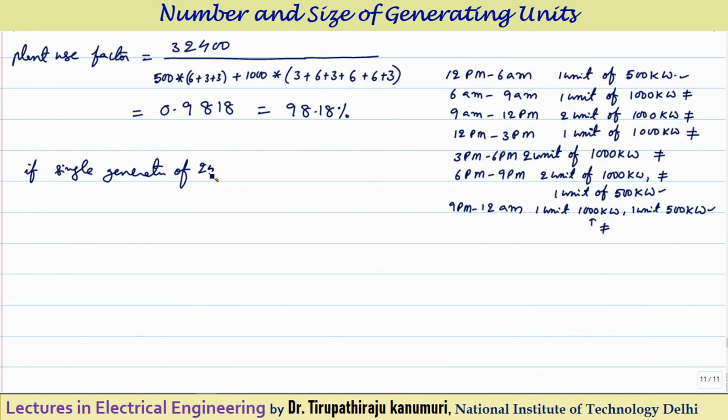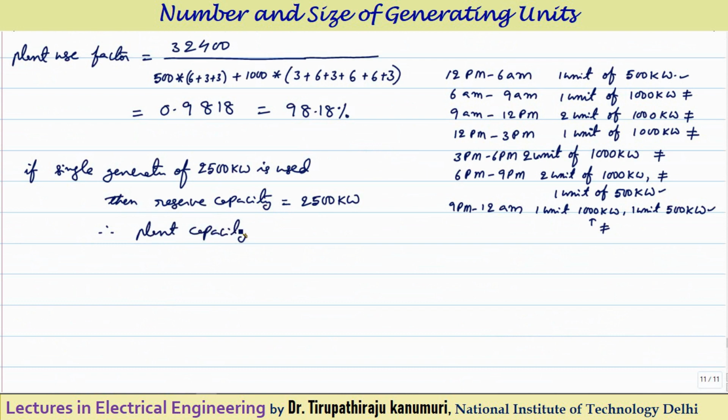If a single generator of 2500 kilowatt is used, then the reserve capacity is equal to 2500 kilowatt. Therefore plant capacity is equal to 2500 multiplied by 2, that means 5000 kilowatt.